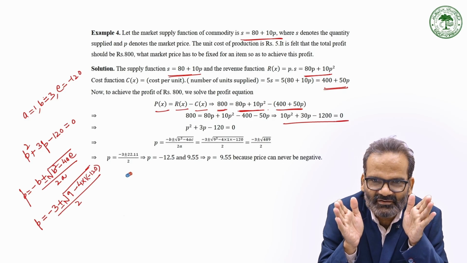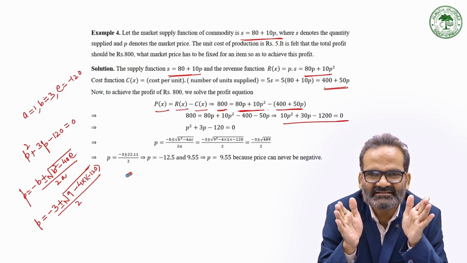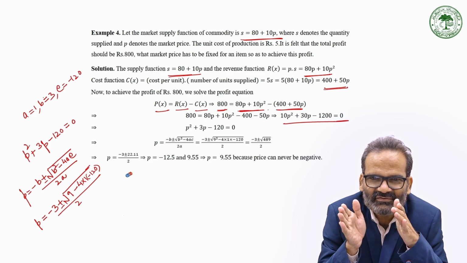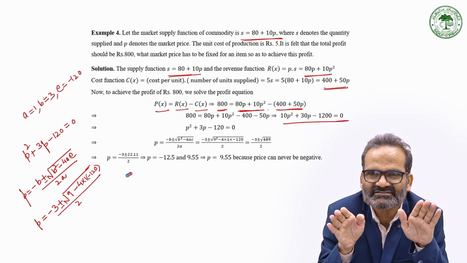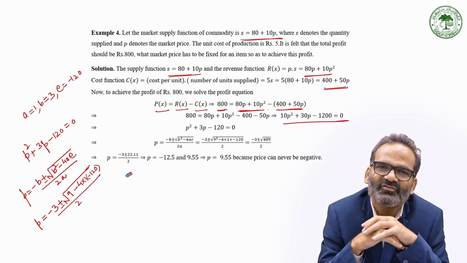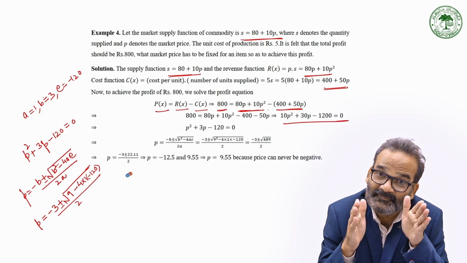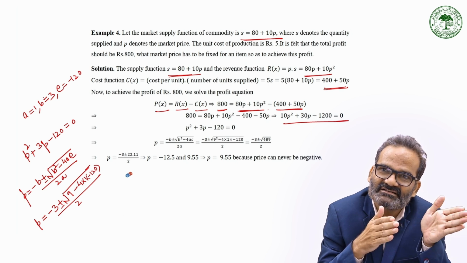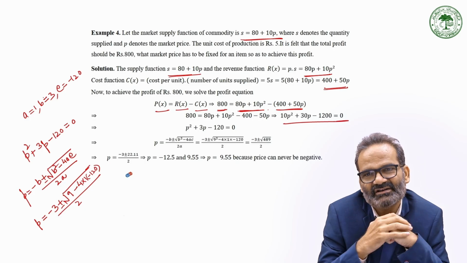So what I want to conclude is, don't take these cost function, revenue function and profit function as special functions. They are the functions which are very frequently used in the area of business activity, but they will be minimized or maximized on the similar principles of the maxima and minima as a general function is being maximized.